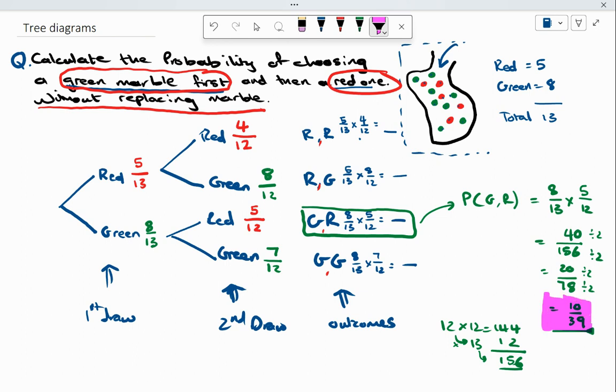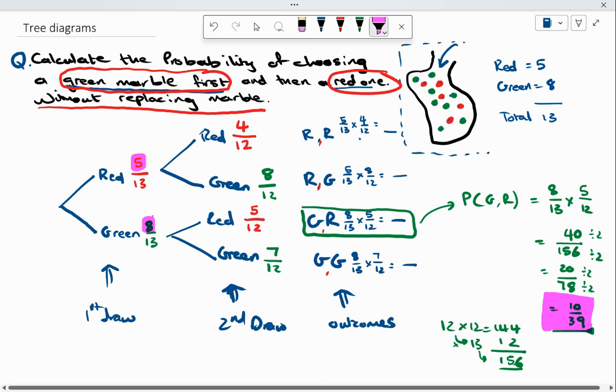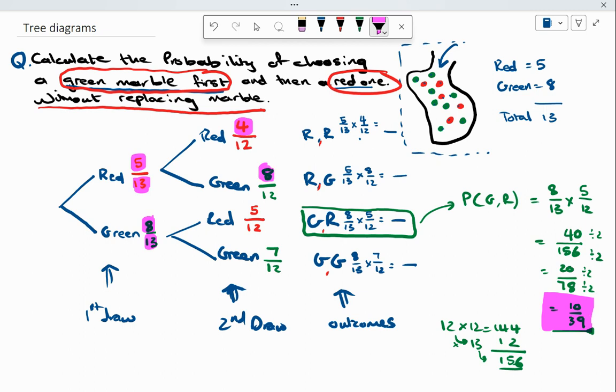Now, some characteristics of tree diagrams, just as a heads up. What you'll notice is that 5 plus 8 equals 13 for the first row. And for the second row, 4 plus 8 equals 12, and 5 plus 7 equals 12. So if you can get one of the probabilities, you can get the other quite easily.